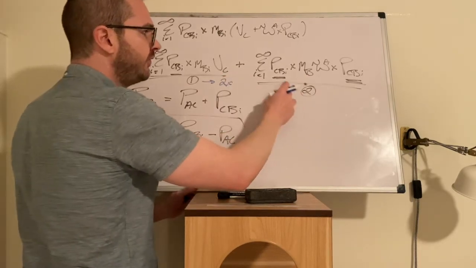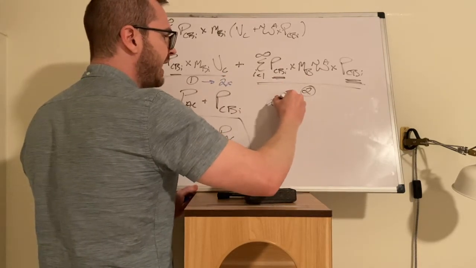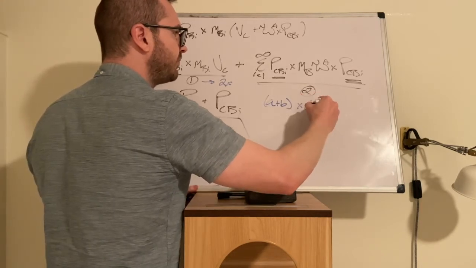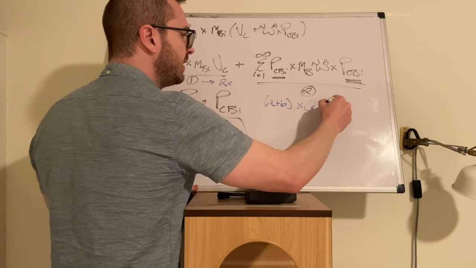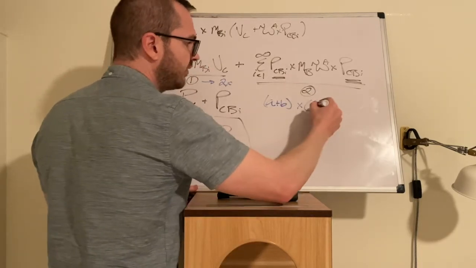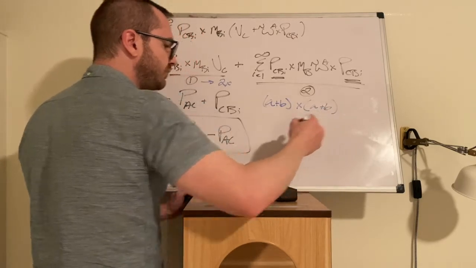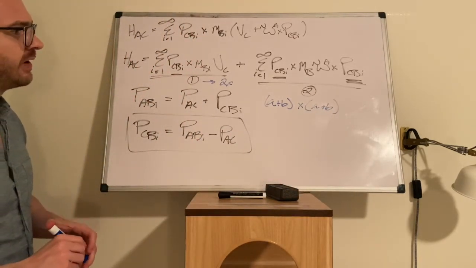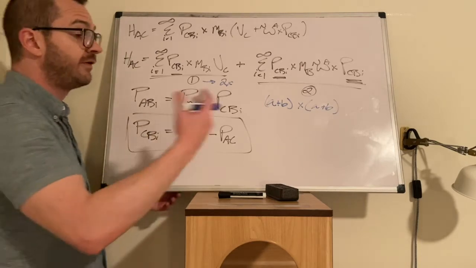Expression two is like having A plus B times C plus D, even though it's actually the same thing. So what's going to happen here is that we're going to FOIL this.